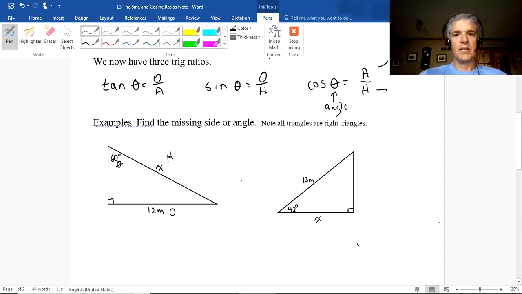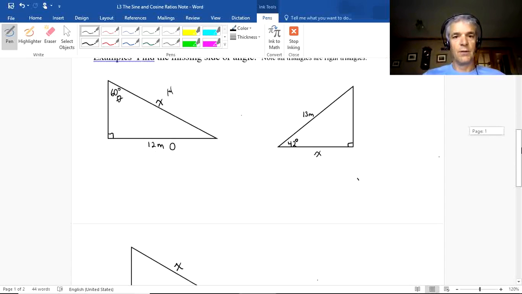It has opposite and hypotenuse. If I had a number over here, I'd be using the adjacent, and the hypotenuse possibly, or adjacent and the opposite, and then I would have to switch to one of these two depending on which it was. In this particular case, opposite, hypotenuse requires the sine theta, and you'll get good at this as you practice. If you don't practice, it's a little confusing.